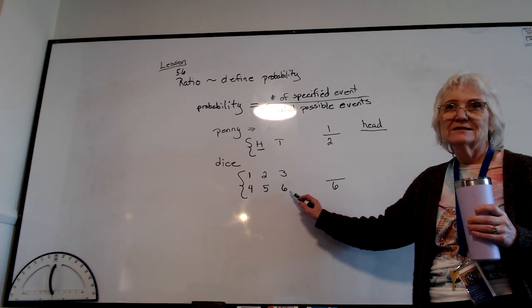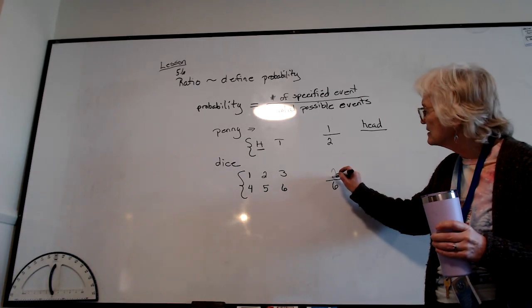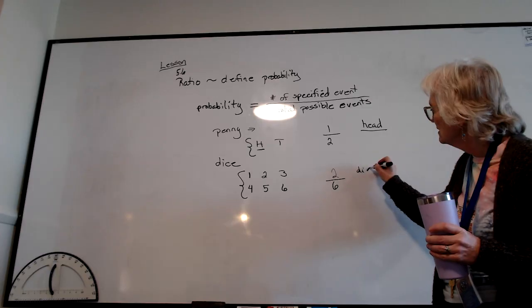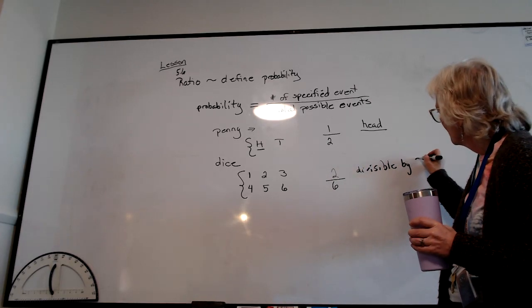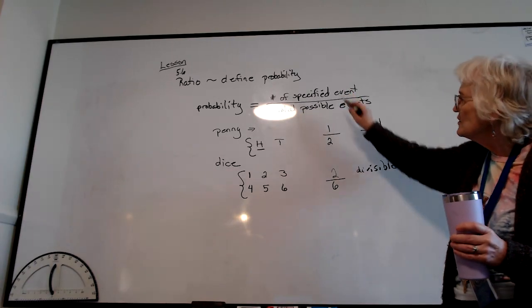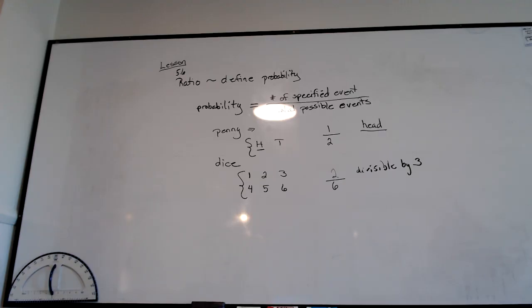Is that correct? Yeah, that's true. So out of these outcomes, there are 2 possible that are divisible by 3. So notice how I have to specify the event. I have to say what I'm putting on top. What is the event I'm looking for? I want to get a number that's divisible by 3.